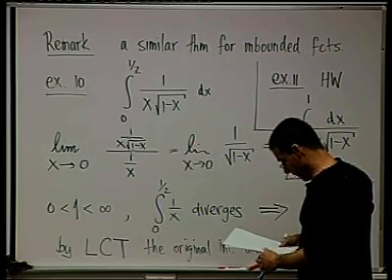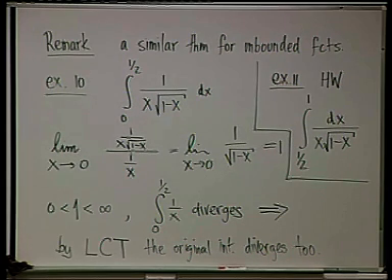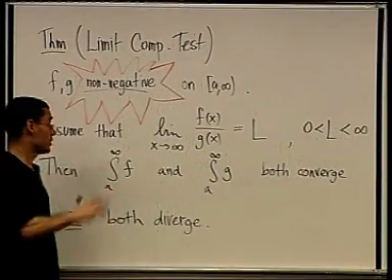Okay, good. So these are the comparison tests. The limit one doesn't require you to actually compare which of the functions is bigger. In that sense, it's sometimes easier to work with. But both of them have this restriction, that they only work for non-negative functions.